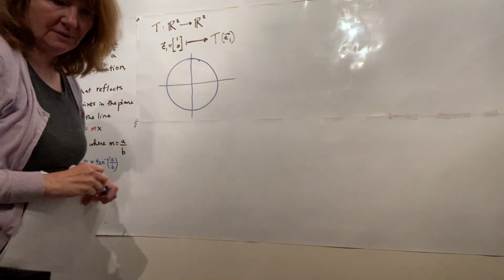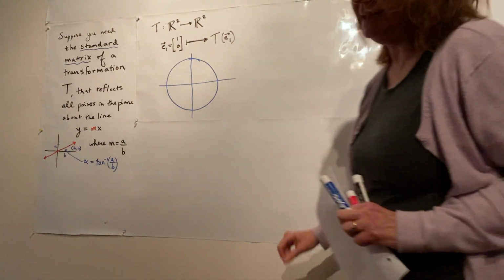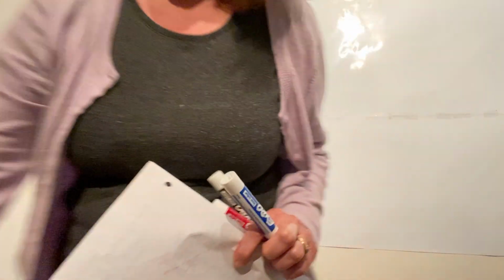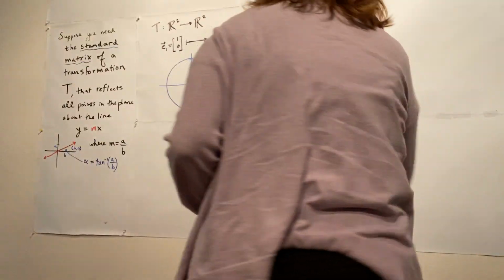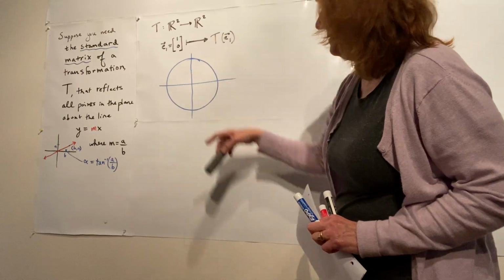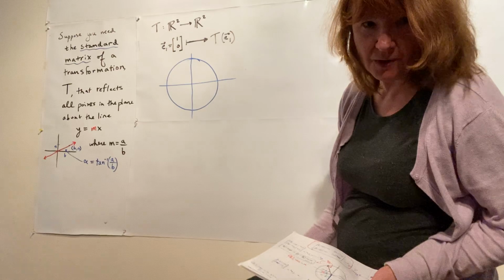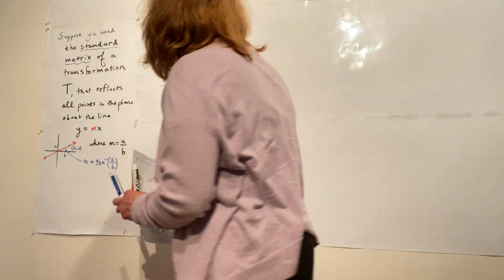The unit circle has these vectors E1 and E2 right on it. And if you reflect them about one of these lines, y equals mx, which would be dividing that circle into two parts, their images would also be on the unit circle.